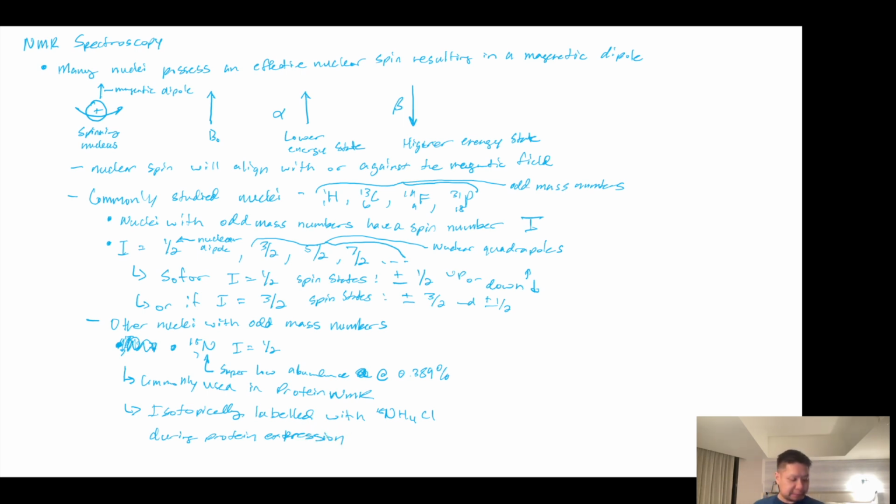And so we'll call this an N15 labeled protein. Which I actually did a lot of when I was in grad school. All right, so let's keep on going with some other nuclei.